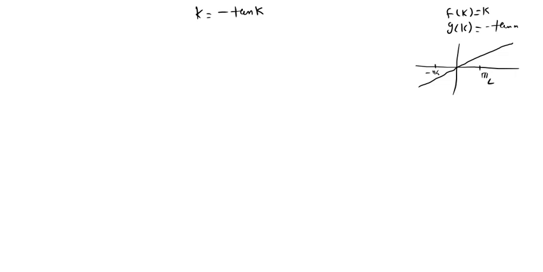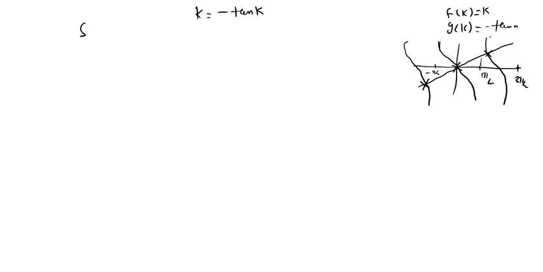This is the asymptote, and the same repeats at pi by 2, 3 pi by 2, and on the right hand side as well. The intersection points of these two curves are the solutions of k equal to minus tan k. In fact you have infinitely many solutions of this problem, and one is 0, so we neglect the 0 solution.